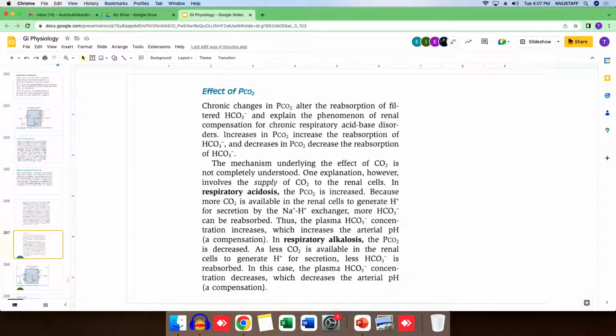There are mostly histological changes in alpha and beta intercalated cells, but in physiology what we are using is the alpha intercalated cells regarding the bicarbonate and so on, because the majority of the cells are alpha intercalated cells.